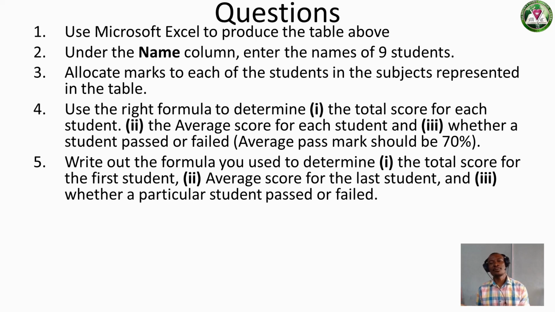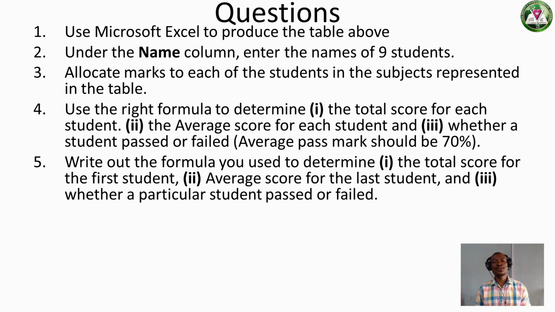Under the subjects there, allocate scores or marks of your choice. Then use the right formula to determine I, the total score for each student. So in this case now, you know the formula that will help you to sum the total scores together. II, the average score for each student, and III to determine whether a student passed or failed.